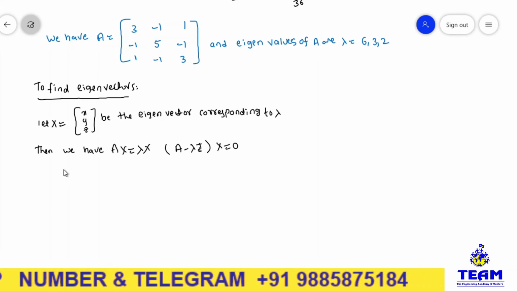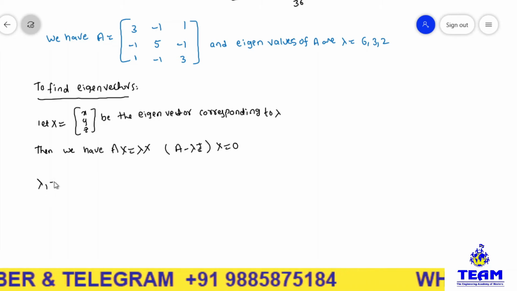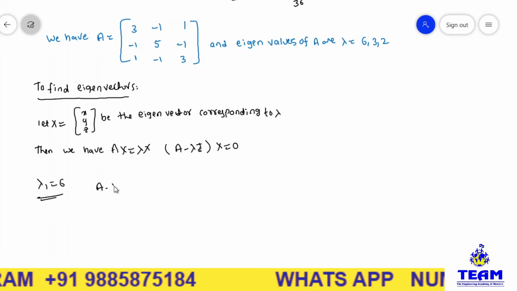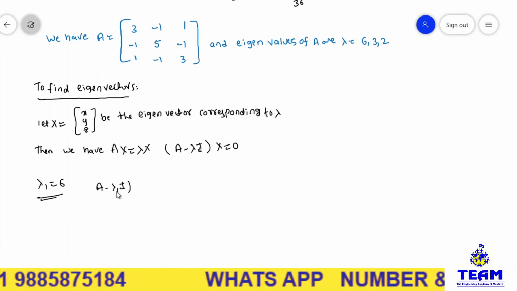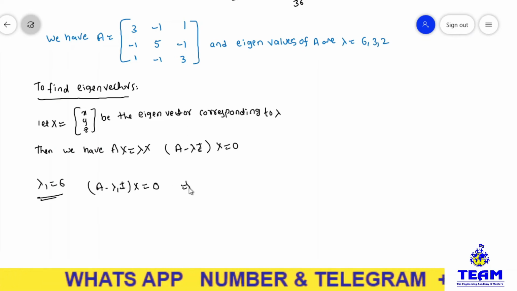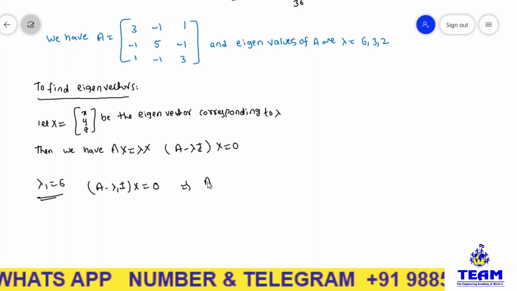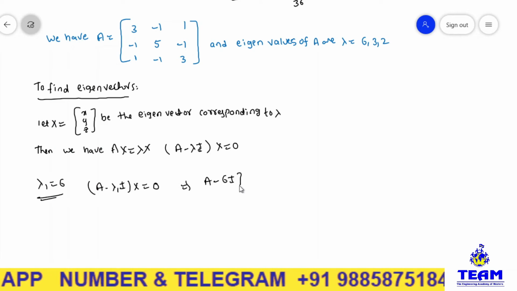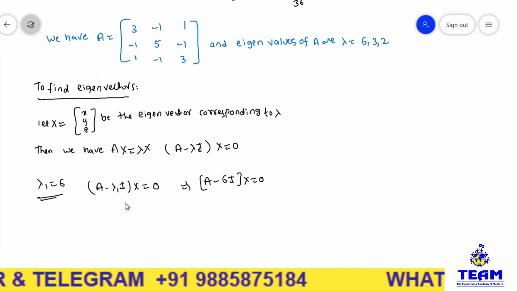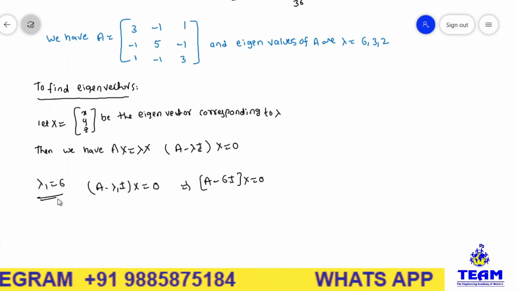Now I am considering lambda 1 is equal to 6 and finding the eigenvector. This is (A minus lambda 1 I) X is equal to 0, which implies (A minus 6I) X is equal to 0, which gives the eigenvector corresponding to the eigenvalue 6.